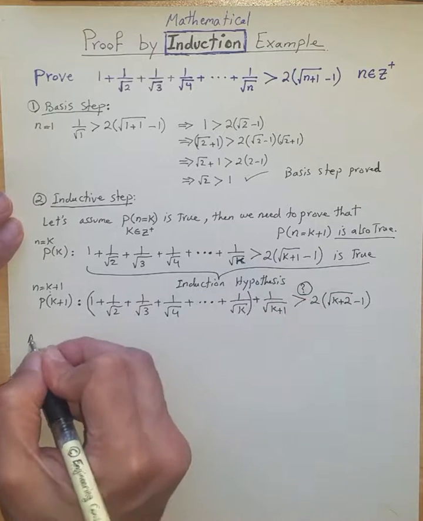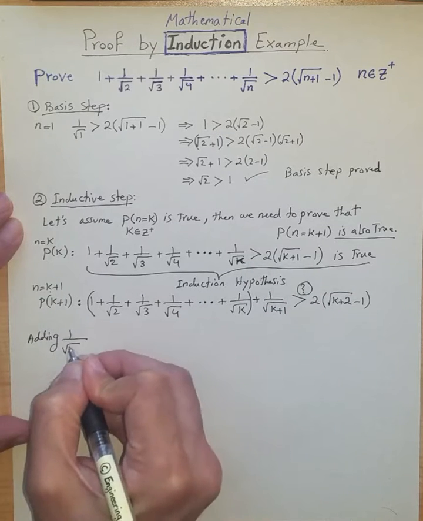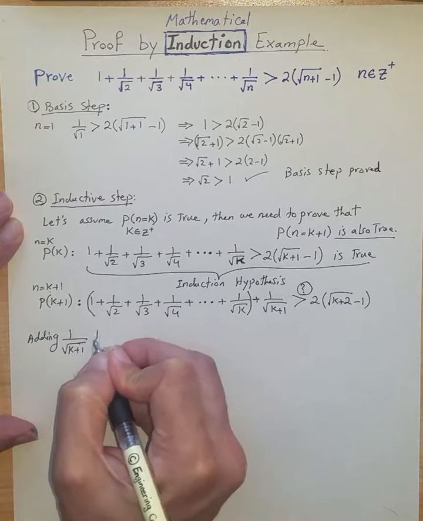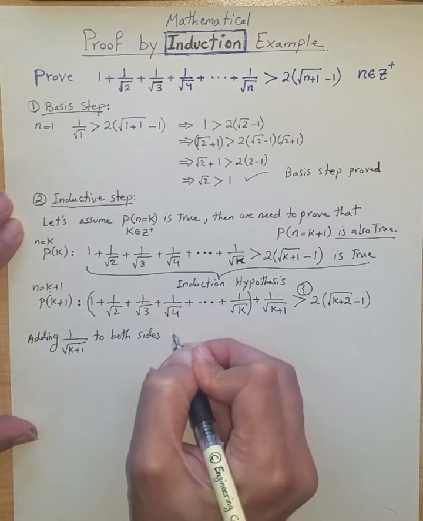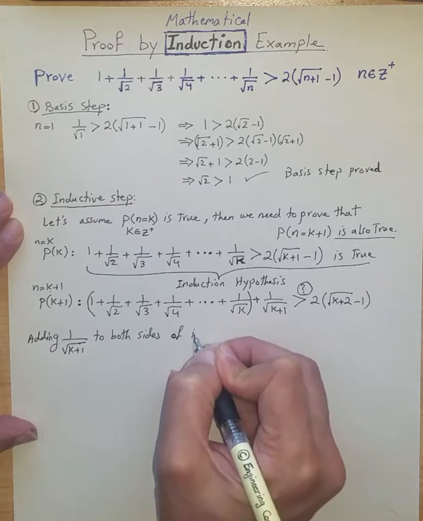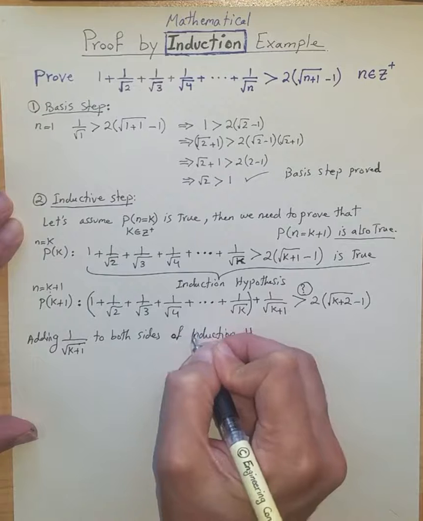So adding 1 over the square root of k plus 1 to both sides of the induction hypothesis.